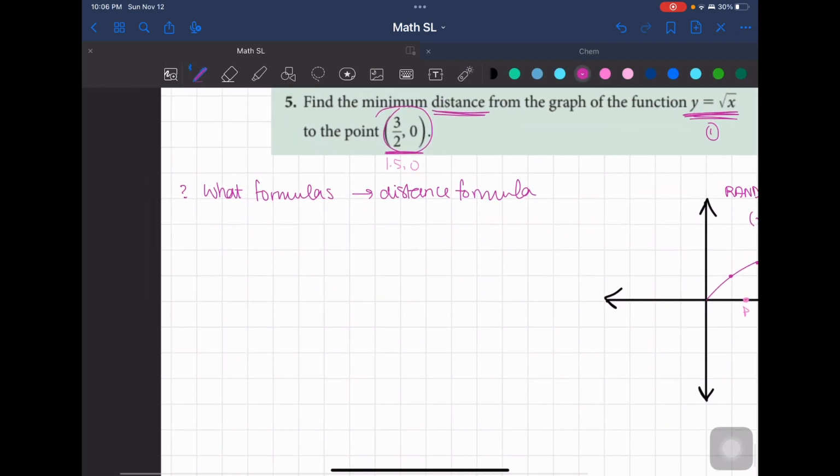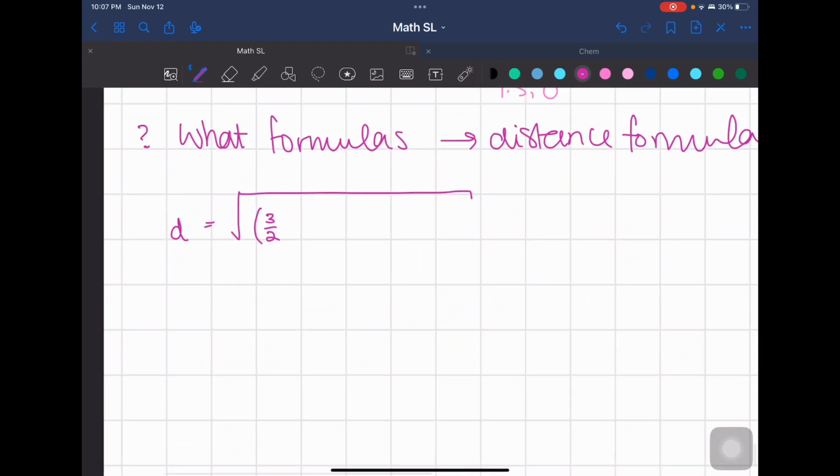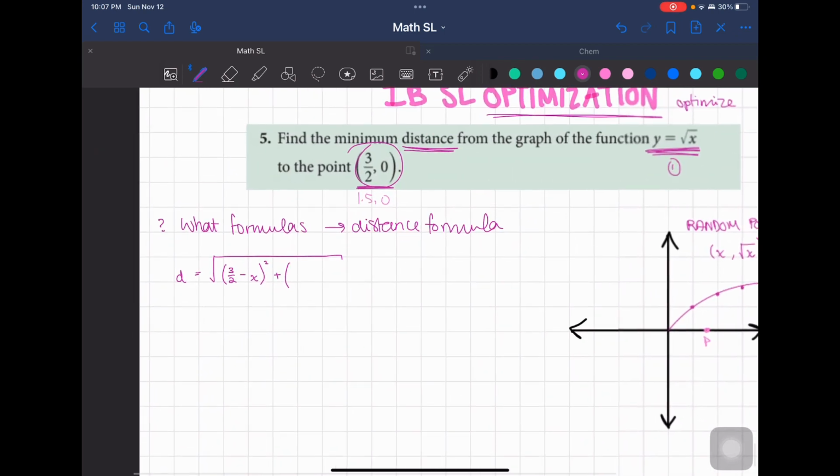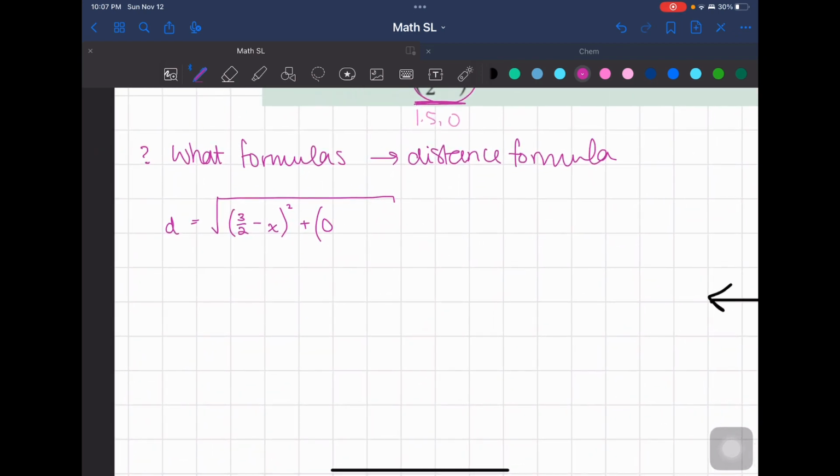Now, we're going to use our distance formula. So we're going to say the distance is equal to the square root of, we're trying to find the distance between this point. So we're going to say the distance between 3/2 minus x, because these are x values, plus, what's the y coordinate? 0. 0 minus the y coordinate, sorry.